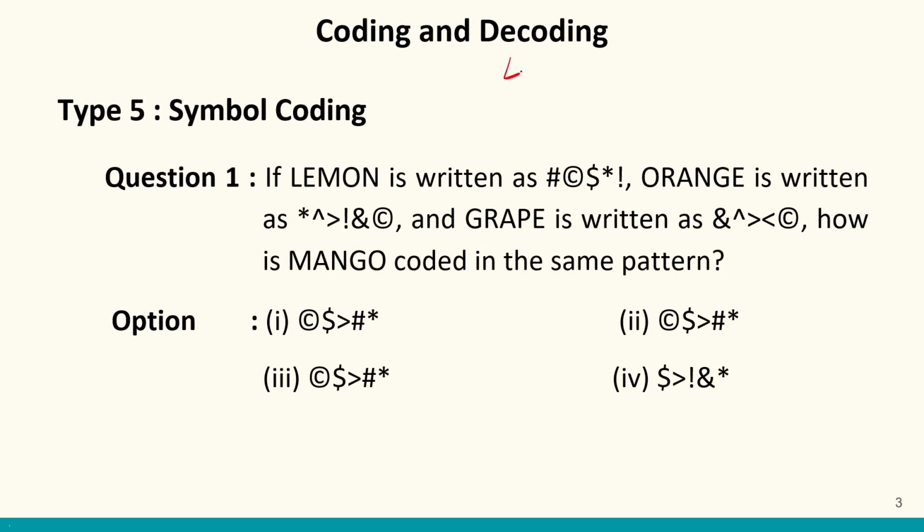So in symbol coding and decoding, we can see that lemon is coded as this. Each alphabet has a representation by a symbol. Similarly, for orange also the code is given.